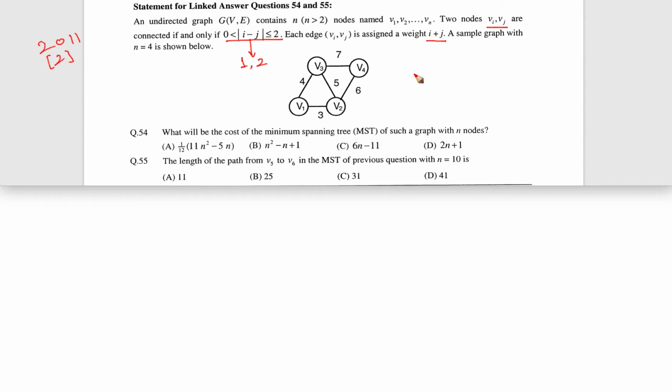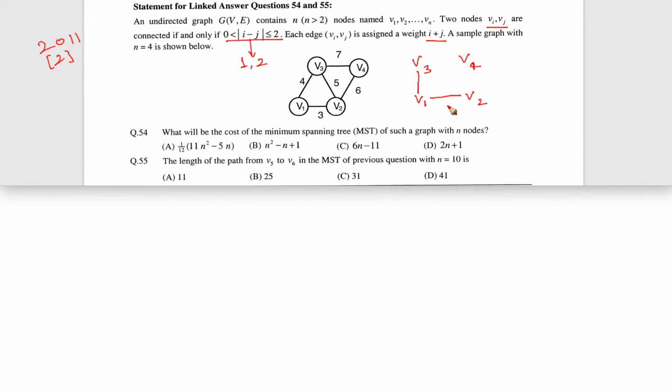So let's understand how this graph is constructed using the rules given above. V1, V2, V3 and V4, these are the 4 vertices. Now see, V1 will be connected to which other vertices, that is defined here: only if modulus of i minus j is either equal to 1 or 2, then only the edge exists, which means that it can be connected to 2 or 3.